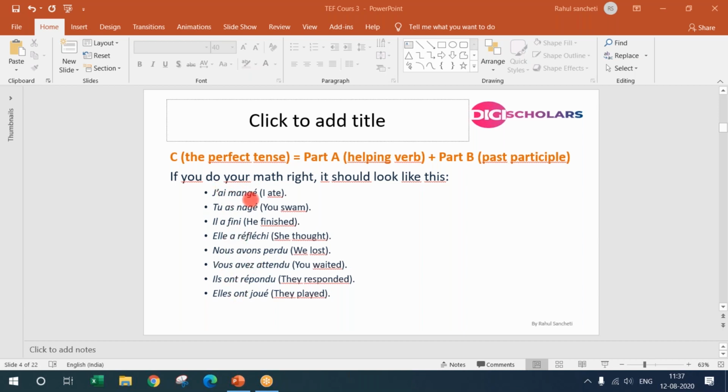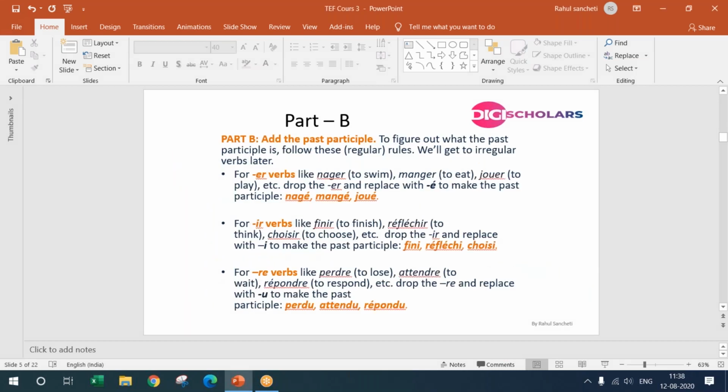This remains the same irrespective of what verb is coming. So if you know the person, you can directly conjugate the first verb, that is the helping verb, the avoir verb. It always remains the same. The only thing is you have to learn the past participles, which is the key point here in passé composé. So now we'll start with part B, that is the past participles.